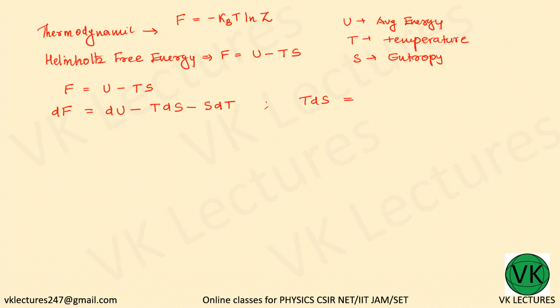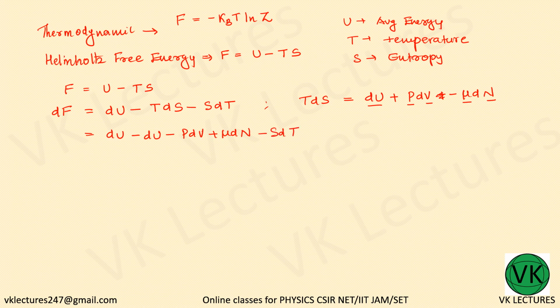We can write TdS is equal to dU plus PdV minus mu dN, where dU represents the change in energy, P the pressure, V the volume, mu the chemical potential, and N the number of particles. Now just substituting TdS over here, we get dU, and instead of minus TdS, we write minus dU minus PdV plus mu dN, minus S dT.